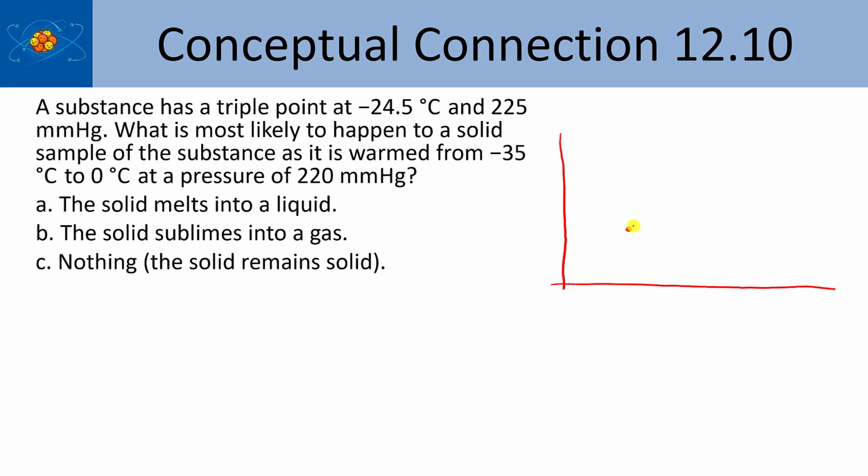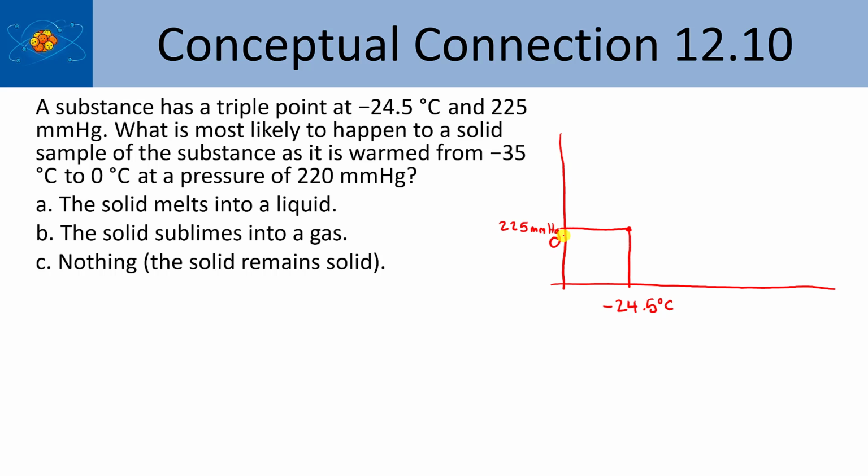This is my triple point, and it says minus 24.5 degrees Celsius. So this is minus 24.5 degrees Celsius. And then the pressure is 225 millimeters of mercury.